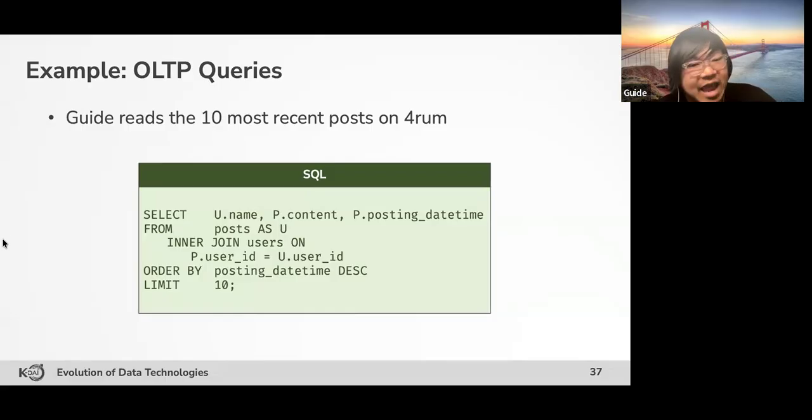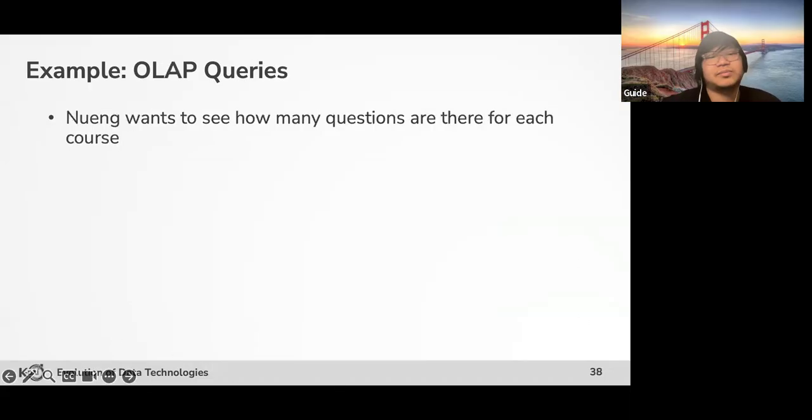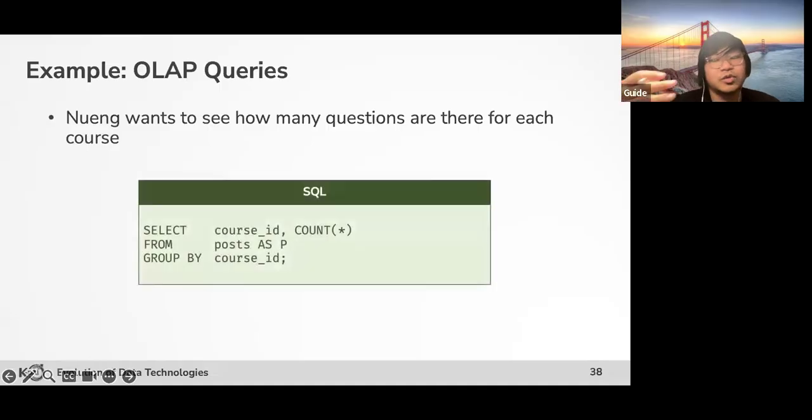Okay, let's see an actual OLAP query that is very hard to argue about. Let's say someone wants to see how many questions there are for each course. If you want to write your query, you need to do grouping, right? You need to do group aggregations. You put group by, right? You group by the course ID, and you do count, right?